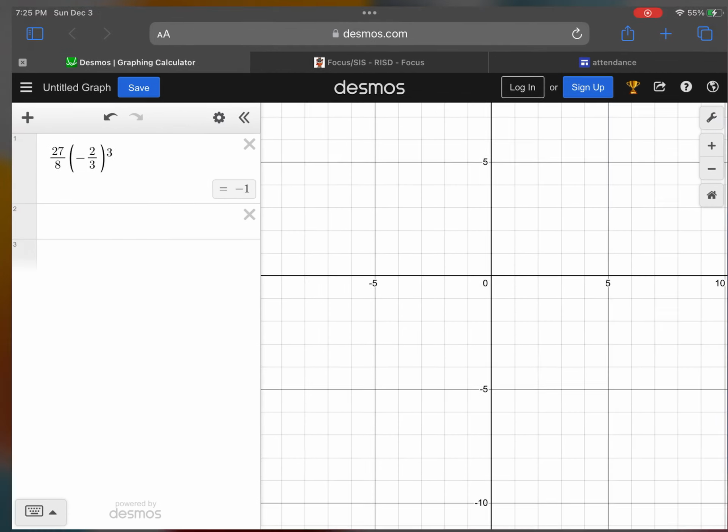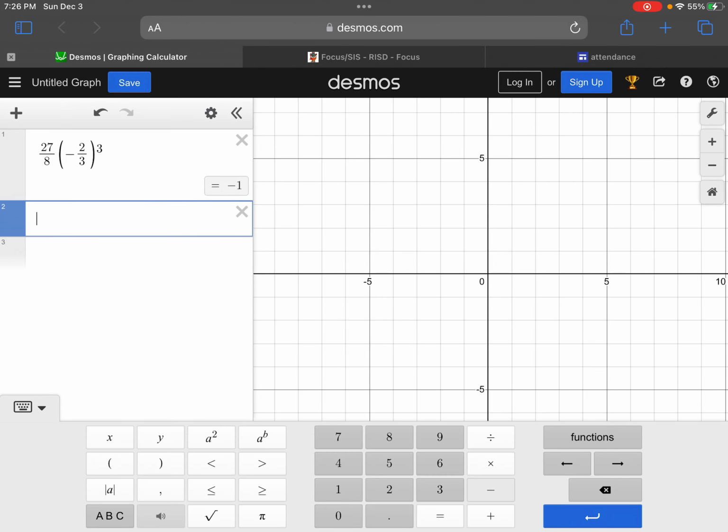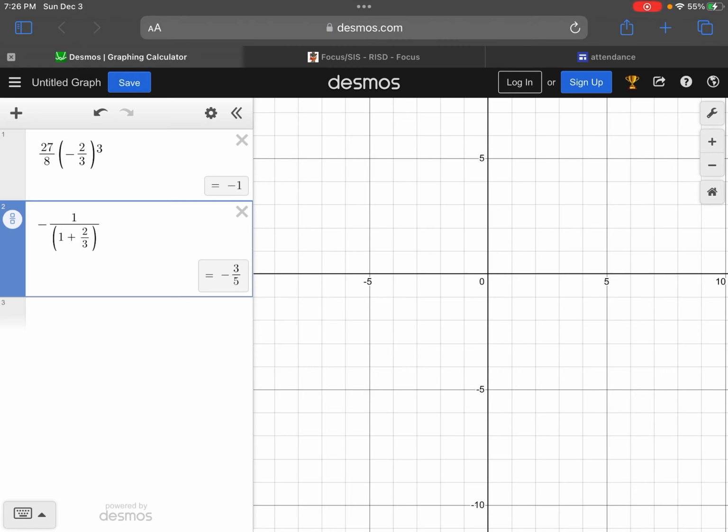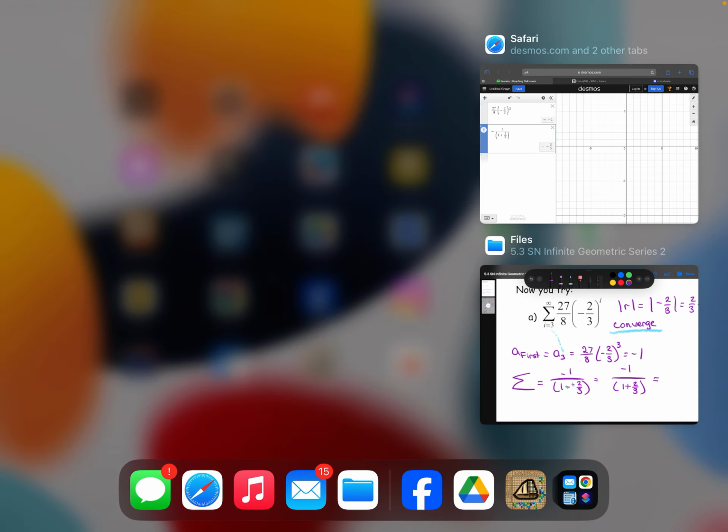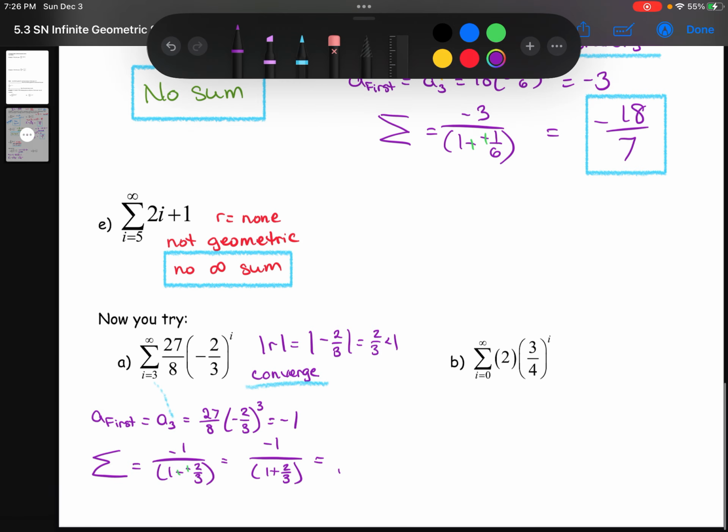So negative 1 over 1 plus 2/3. Again, if you're in fraction mode on your calculator, you don't need those bottom parentheses. If you're just using the division symbol, you will need the parentheses. So this sum is negative 3/5.